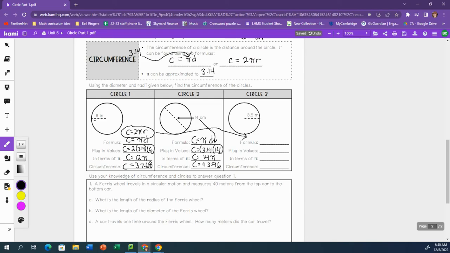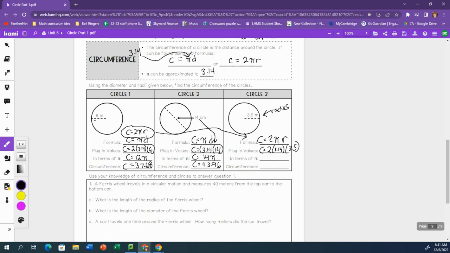Again, when we're on this one, we could probably use this formula because we don't have the diameter. We have the radius. This is the radius. So we can use the radius formula. And that's just C equals 2 pi r. And let's plug in our values. C equals 2 times 3.14 times the radius is 3.5.